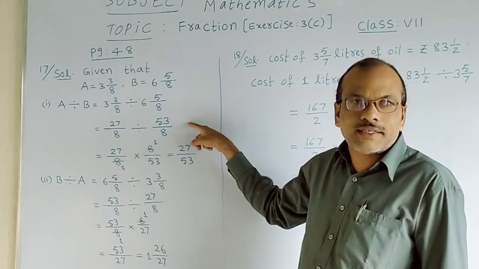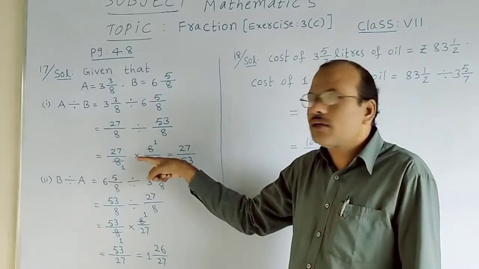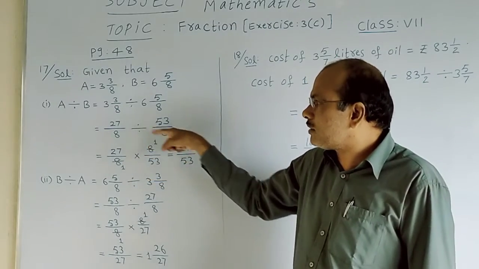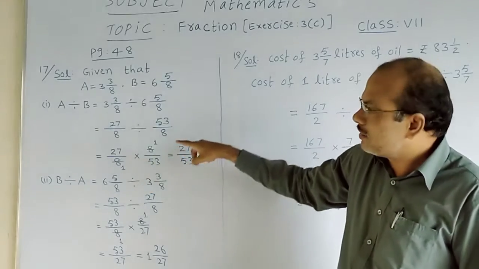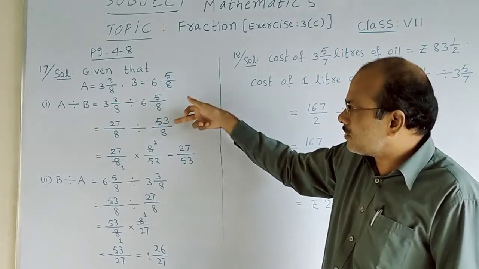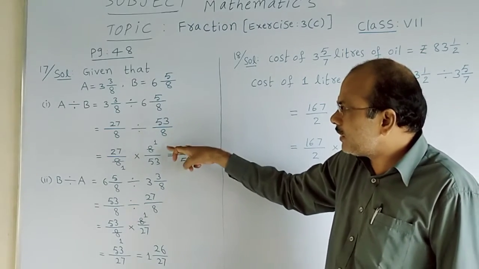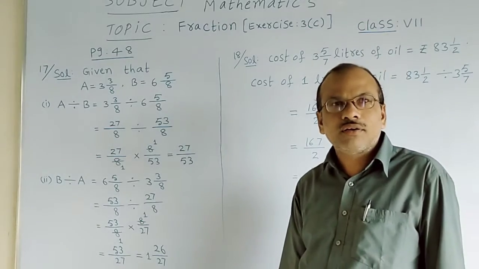You have got it now? Then 27 by 8, the division symbol changed as multiplication symbol. Then this we have to write the reciprocal, that is reverse, 8 by 53. It is clear for you now?